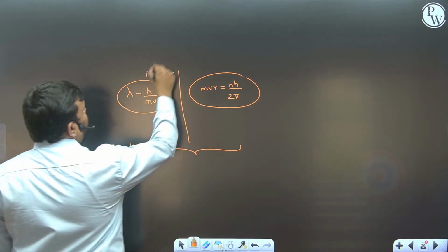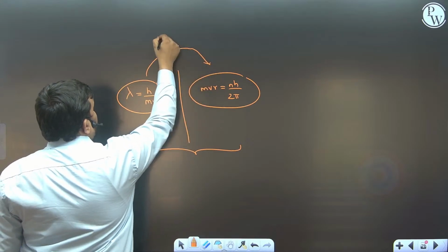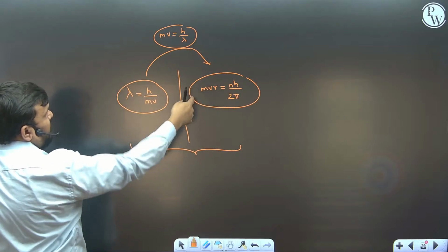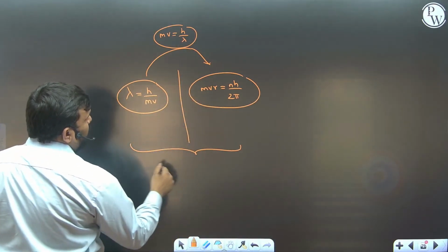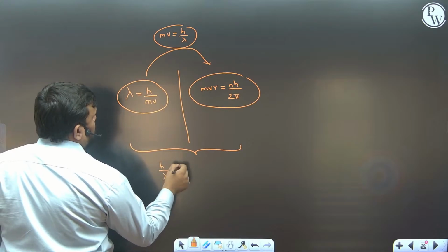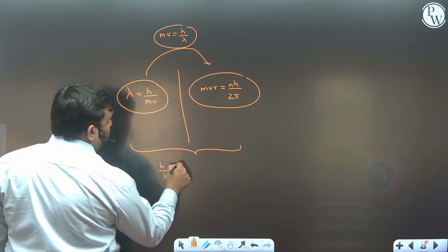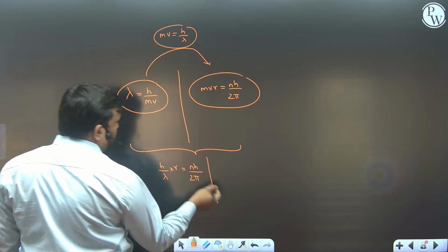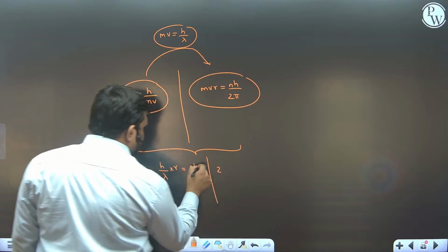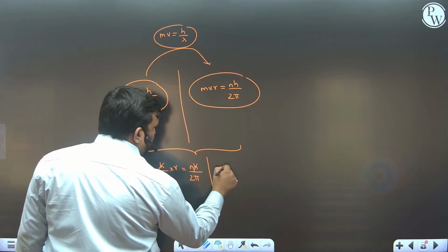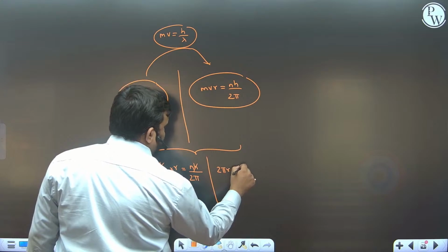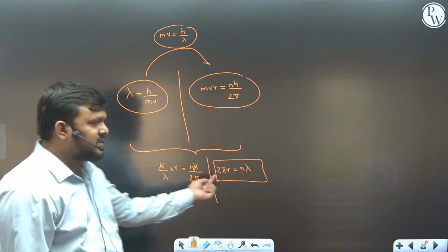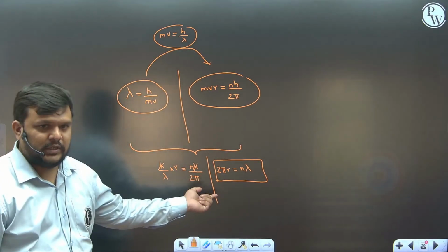Let us put the value of mv equal to h upon lambda in mvr equal to nh upon 2 pi. What we get is h by lambda into r is equal to nh upon 2 pi. The h gets cancelled, so we get 2 pi r is equal to n lambda. This equation is very important. They ask questions related to this equation also.